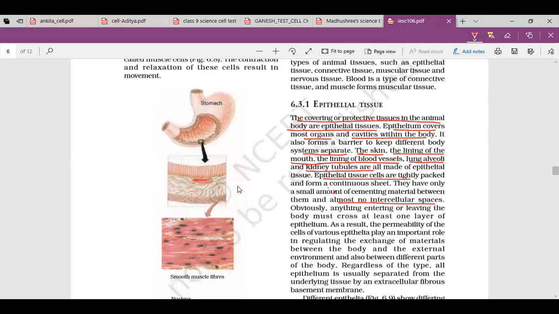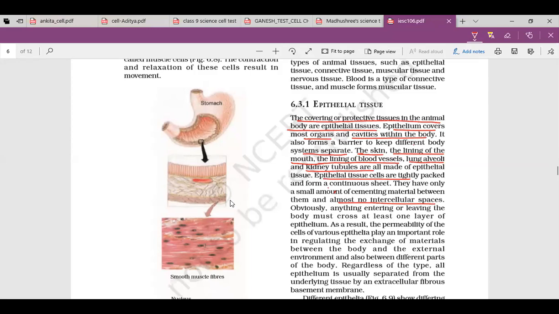You can see here one of the epithelial tissues. In that, the different layers are separated by a basement membrane. A thick membrane is present, which separates every layer of cells from the second layer.